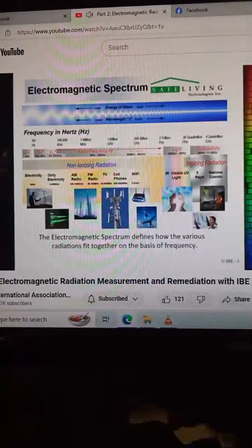One other thing I'd like you to note from this chart is that the energy that's contained in these electromagnetic emanations is going up as we go up in vibration rate of the energies that we're dealing with.